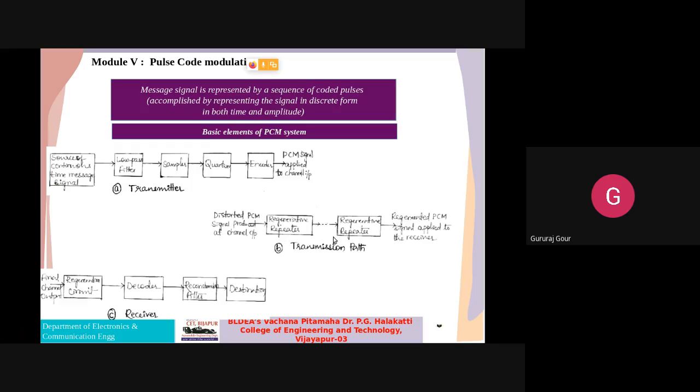Whatever information you are transmitting should be transmitted through the common channel, the transmission path, without aliasing or overlapping. That will be taken care of by the low pass filter. Another job of this LPF is to avoid any high frequency noise components. So the LPF is doing two jobs.